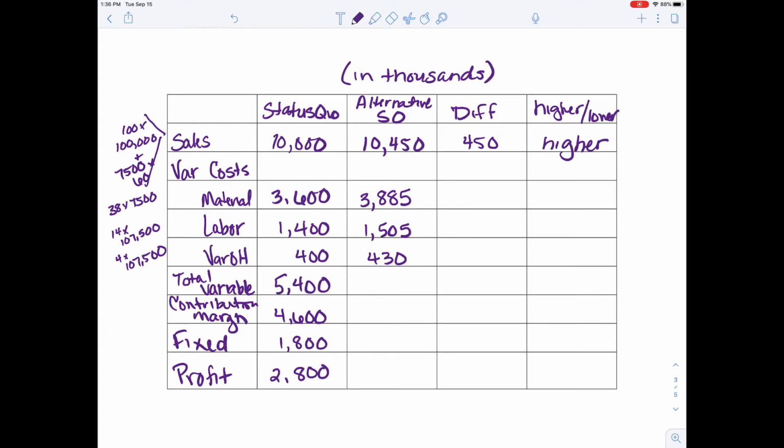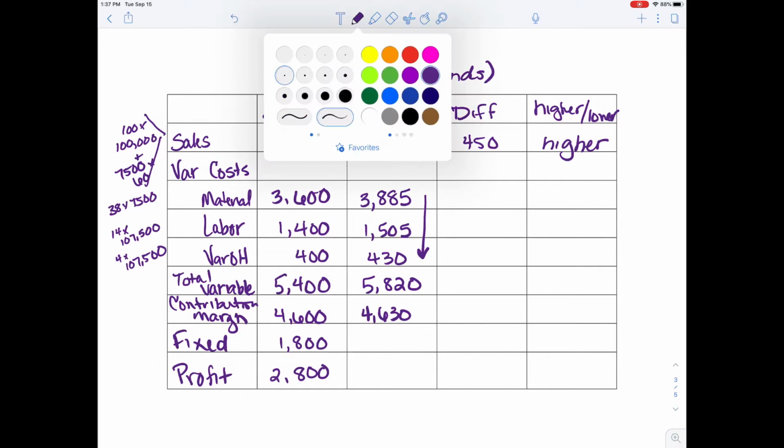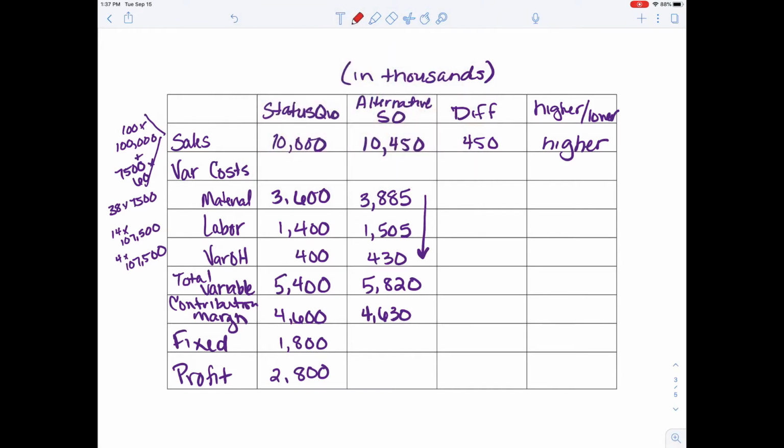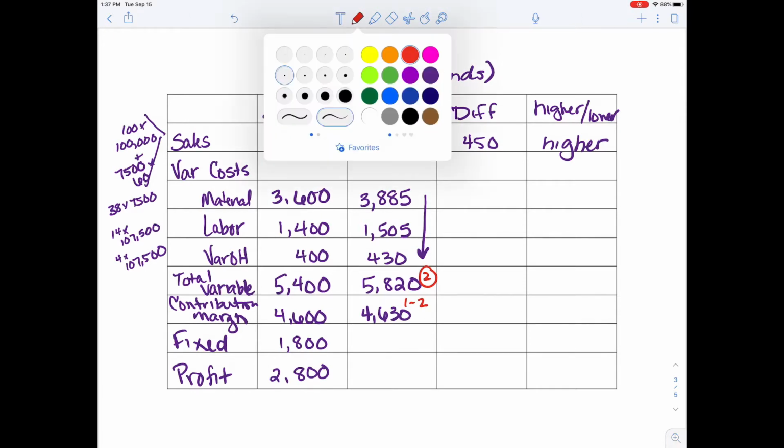I will then find my total variable cost just by adding these three numbers up, which is 5,820. Then I take my sales minus my variable costs to get my contribution margin of 4,630. So again, as a reminder, sales minus variable costs equals that contribution margin.